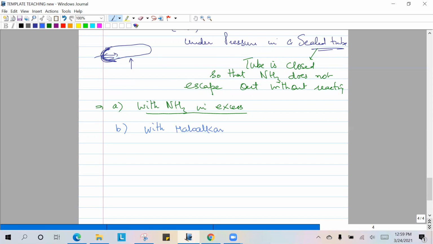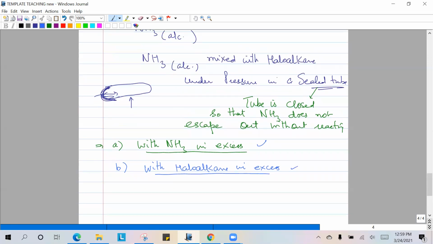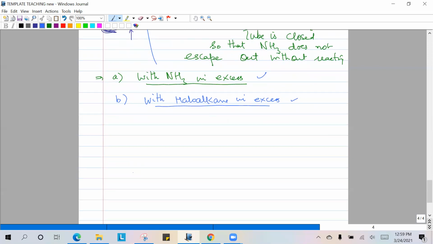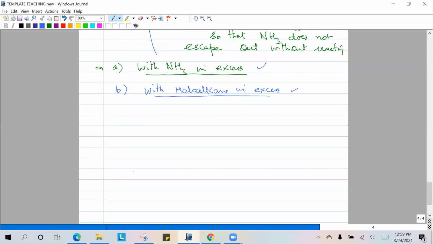This is common for both of them, but based on what is required, you will either take ammonia in excess or haloalkane in excess. We need to focus on this more, but we need to know about this also.